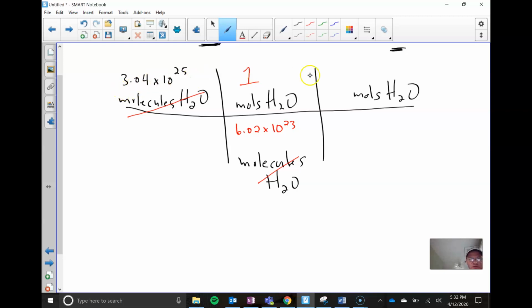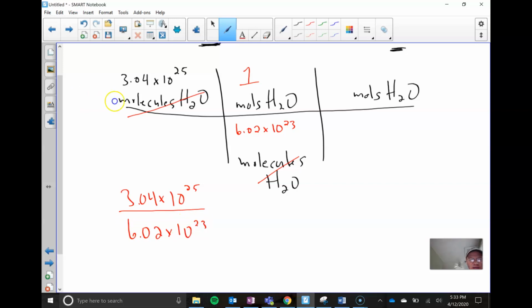This is actually a division problem. So we've got 3.04 times 10 to the 25th on top times 1, which we don't need to do, divided by, and that's what this big bar here means. Think of this as like a fraction. So that's divided by Avogadro's number on the bottom.